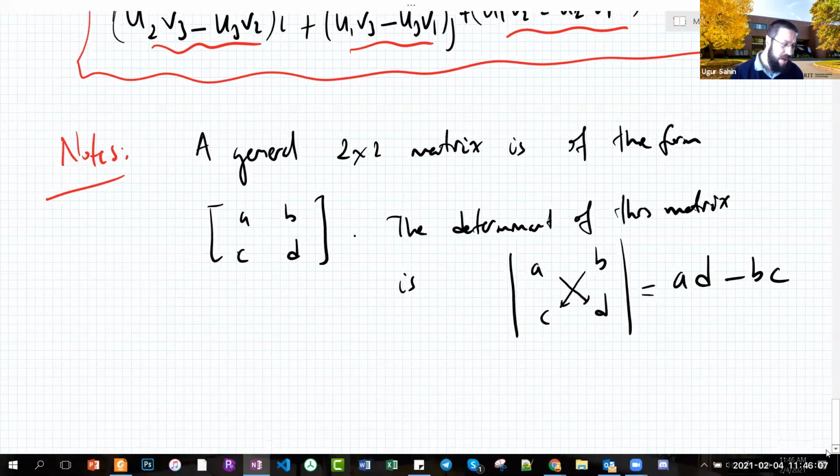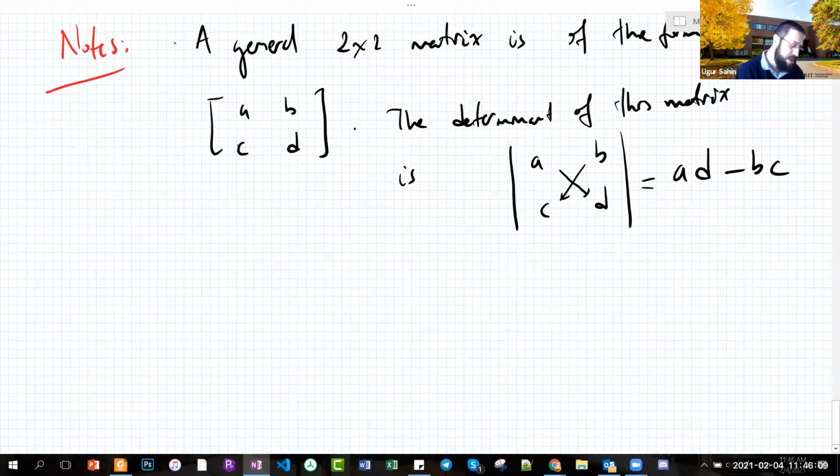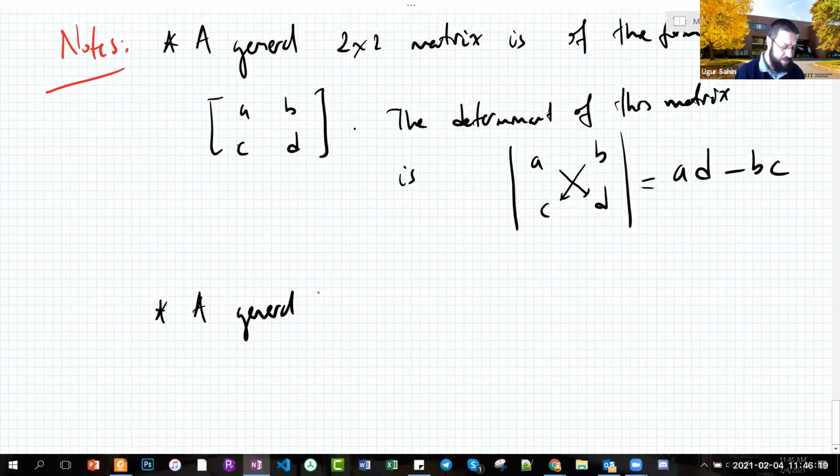But if you have a 3 times 3 matrix, that's not easy. We will need the 3 times 3 dimensional matrix actually. A general 3 times 3 matrix. By the way, this 3 and 3 shows how many rows I have and how many columns I have in my matrix. As you see here, I have 2 columns and 2 rows in a 2 times 2 matrix, guys.